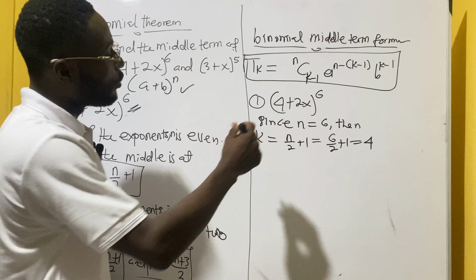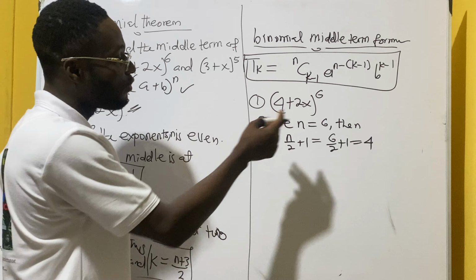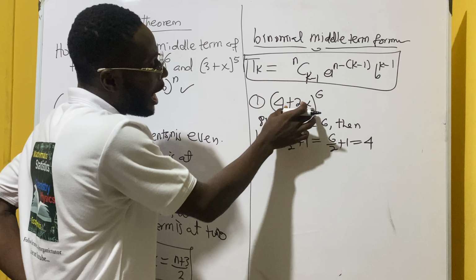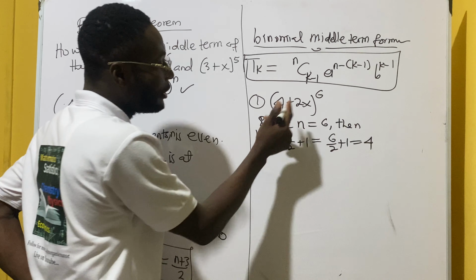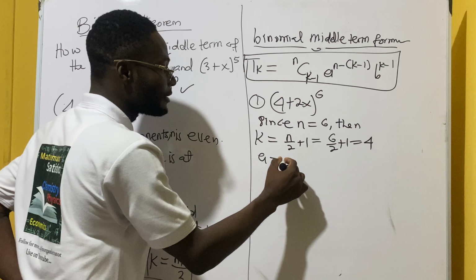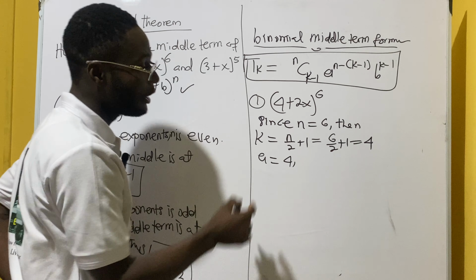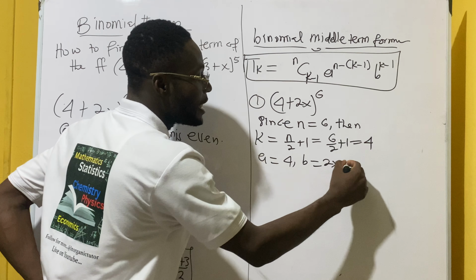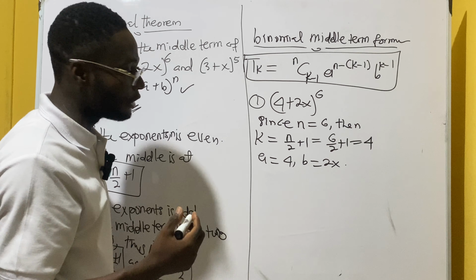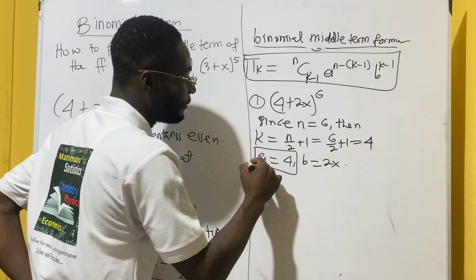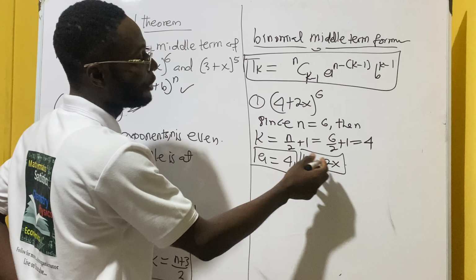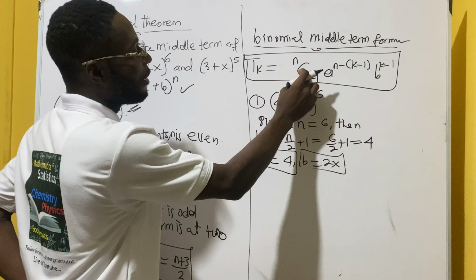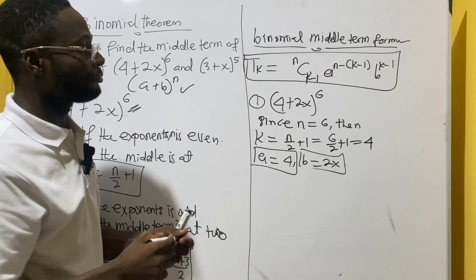Over here, how do we identify the a and the b? Your a is the constant, and your b is the one with the variable. So we have that information: we have our a, we have our b, we have our k.